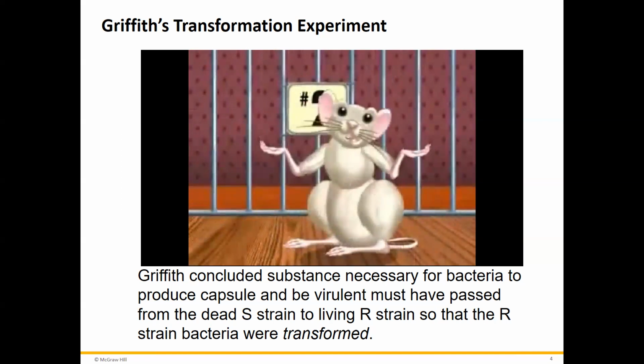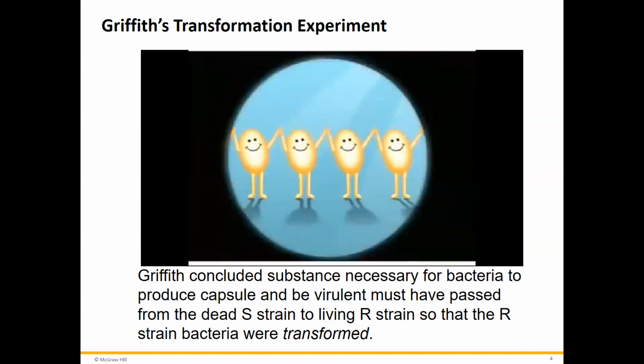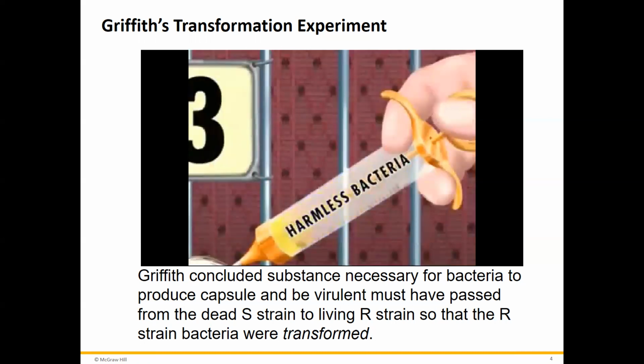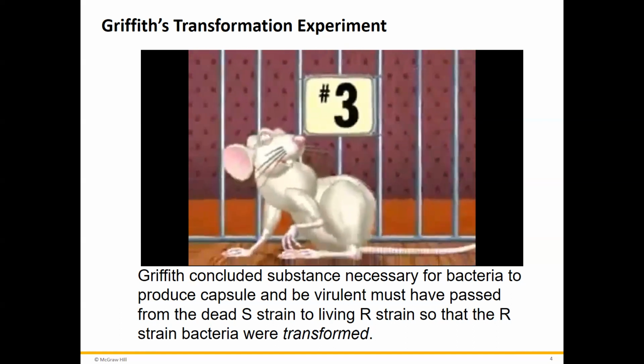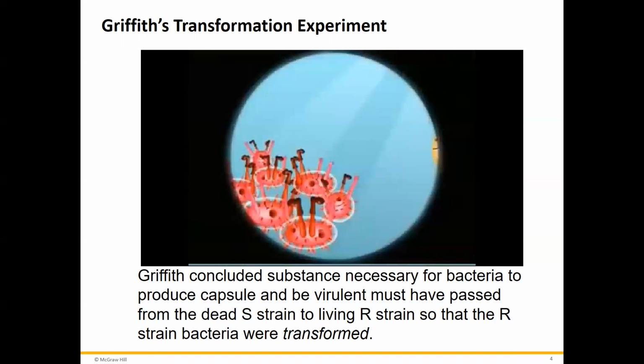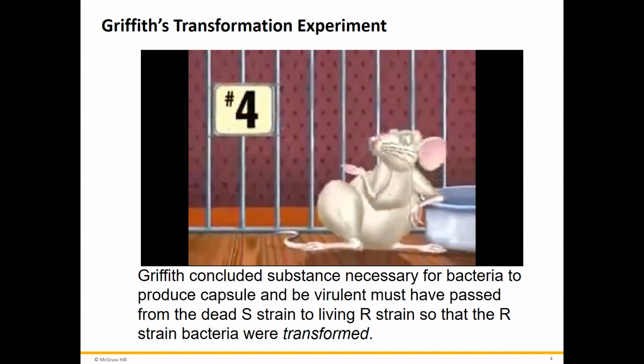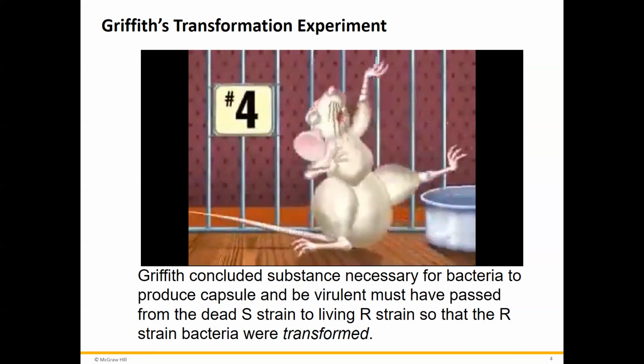Again, no surprise. Griffith's other strain of pneumococcus lacked the outer capsule of the first and were harmless. When he injected these bacteria into a third mouse, again as expected, they had no effect. Lastly, he combined the second strain with the killed version of the first strain. To his great surprise, this combination proved deadly.